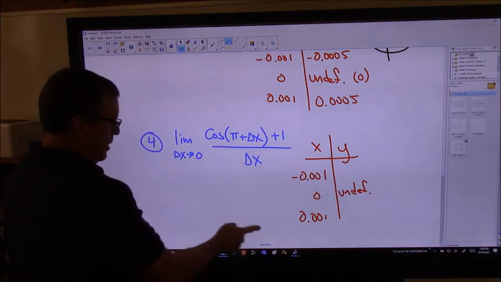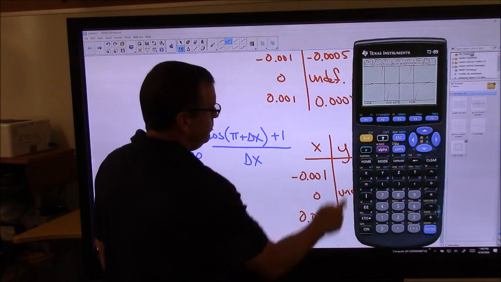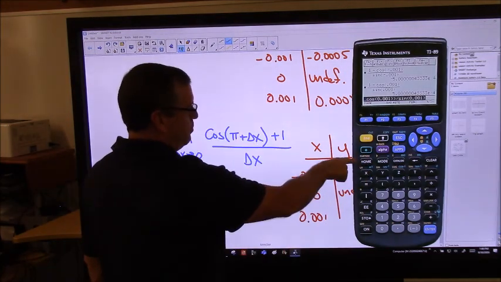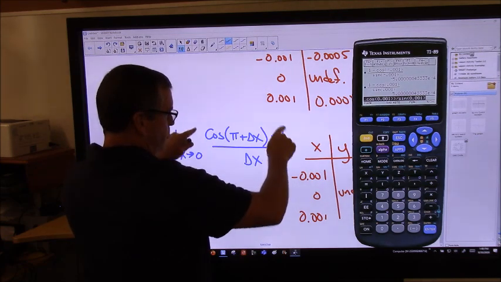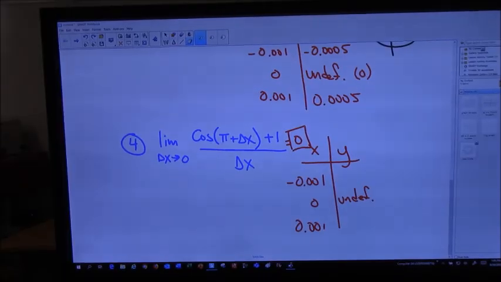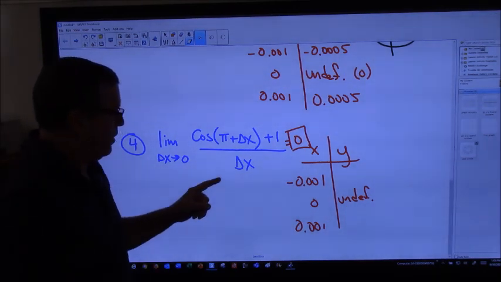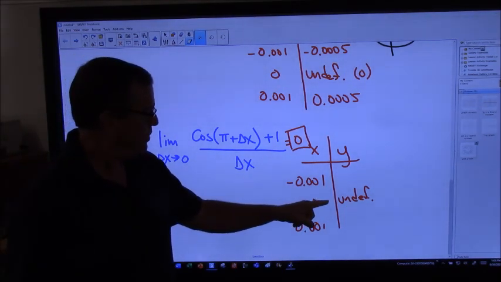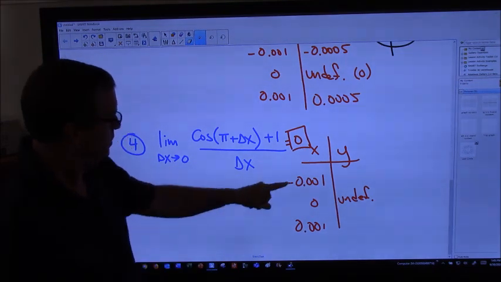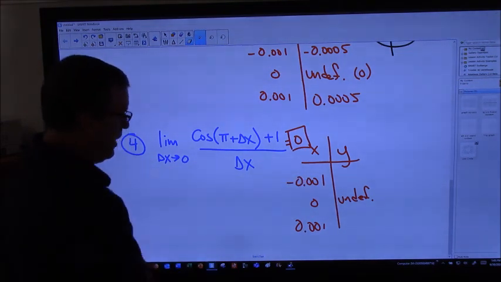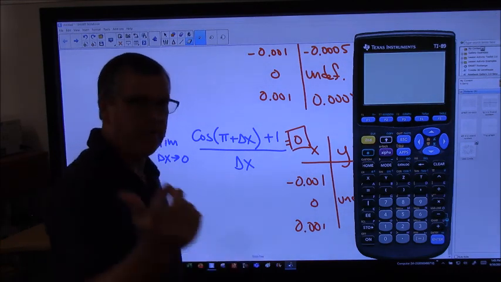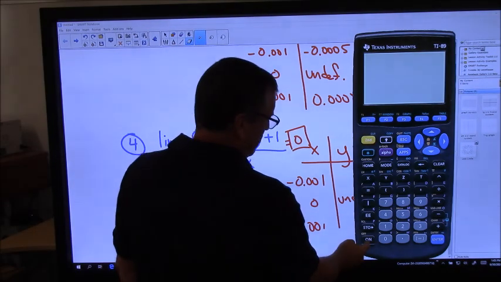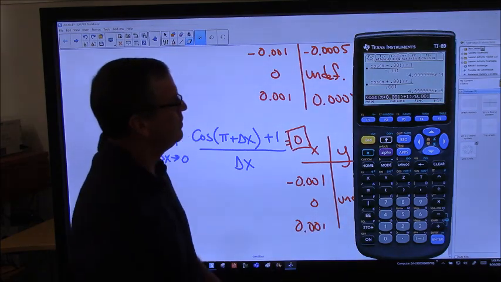All right, so I'll grab my calculator. Back to the home screen. Remember that home button. And I'm going to do, I've got to put my whole numerator in parentheses. All right, so we know if we plug in a 0, it's undefined. If I plug in this value, I actually just did this on my calculator, but the battery on my video camera died, so it's already in here.